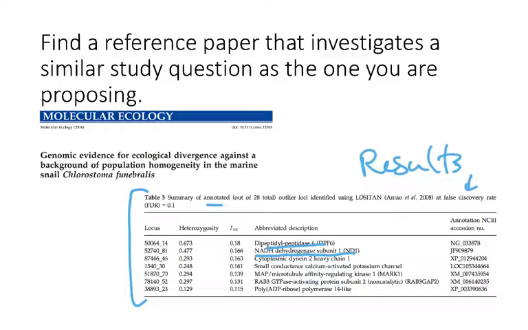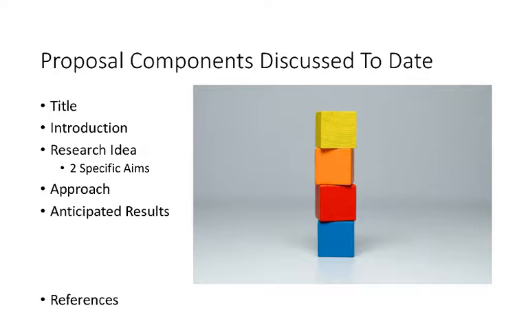For your anticipated results. So just to recap, overall the different proposal components we've discussed so far. For proposal 1, you covered the title, intro, and research idea and specific aims. In the last video, we covered the approach, and now we've tacked on that anticipated result statement.